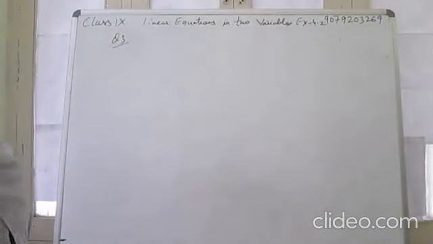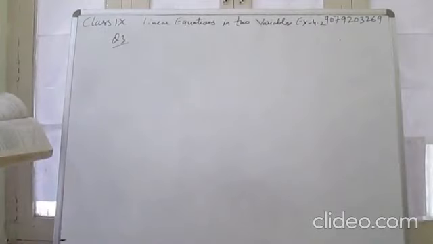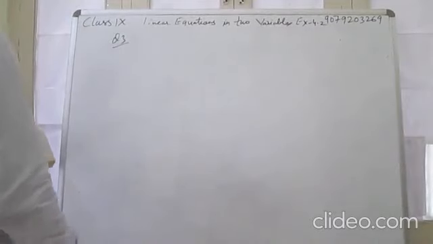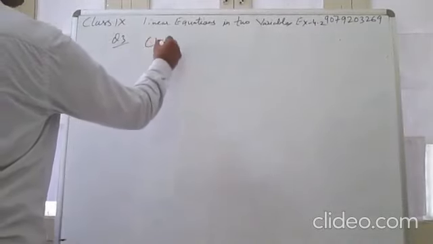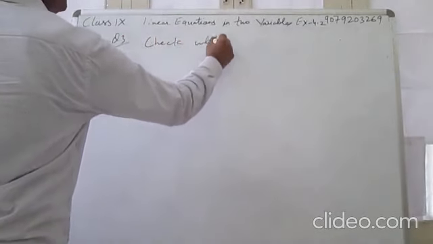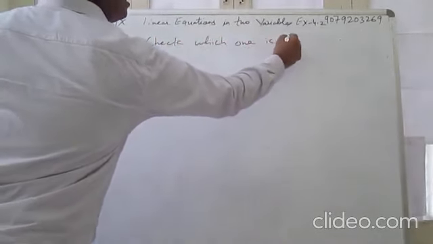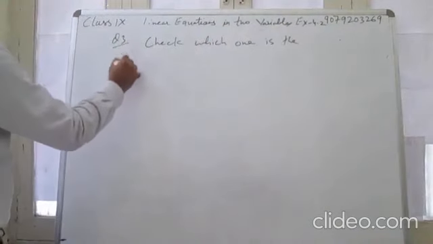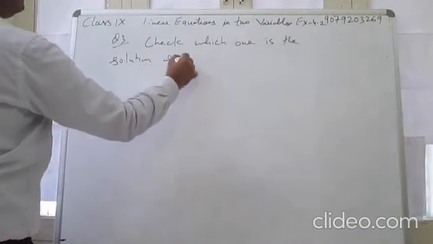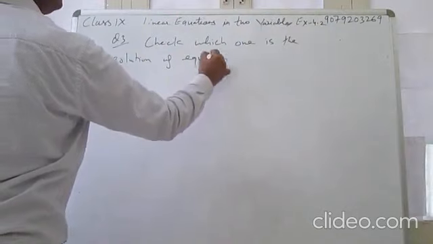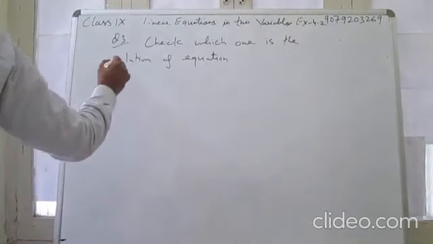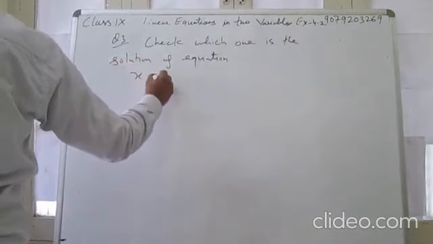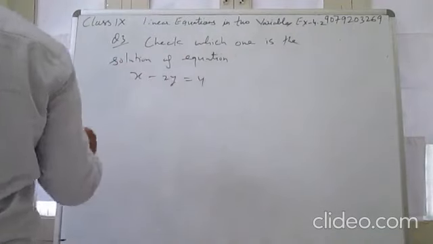Question: check which of the following is a solution of the equation. The equation is given to you: x minus 2y is equal to 4.